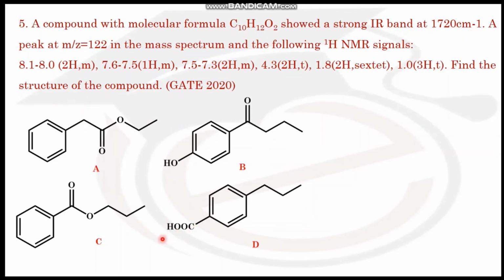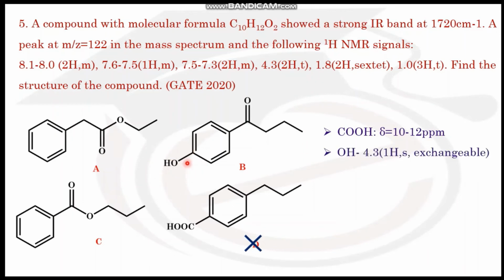For an acid group, the delta value should be above 10, or 10 to 12 ppm. Normally, for COOH hydrogens, the carboxylic acid hydrogen delta value lies in 10 to 12 ppm. There is no value above 10, so we can eliminate option D. Now the presence of OH we can identify with a 4.3, 1 proton signal.